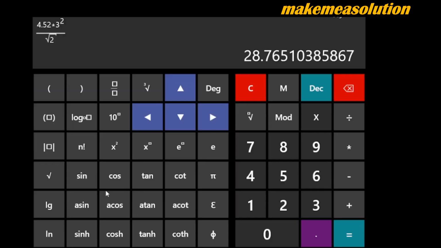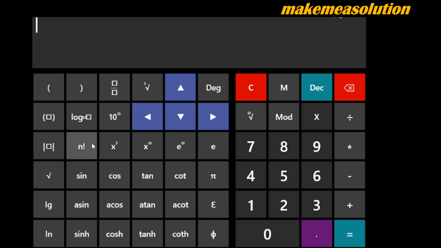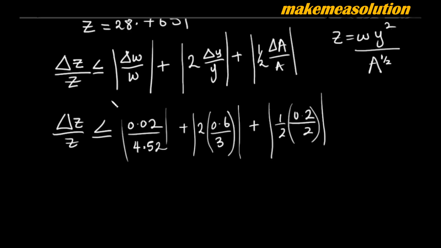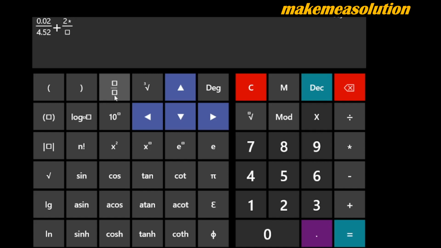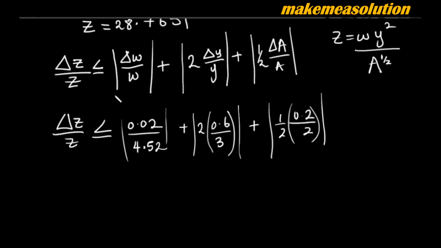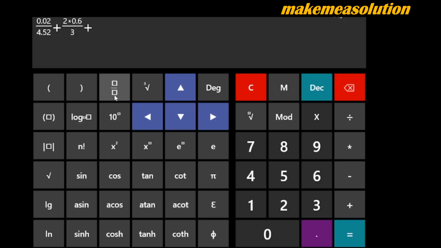So I'm going to use my calculator to help me get my relative error. In the first ratio I have 0.02 divided by 4.52, plus the second ratio, 2 times 0.6 divided by 3, and the third ratio I have 1/2, which is still the same thing as 0.5, times 0.2 divided by 2, and this evaluates to 0.4544 2477876.